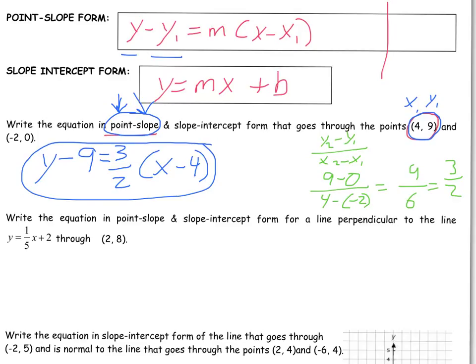Okay, now slope-intercept is different. With slope-intercept, that is going to be using this y equals mx plus b format. Let me erase some of this work that I have here. We're going to keep that 3 over 2 because that's my slope.